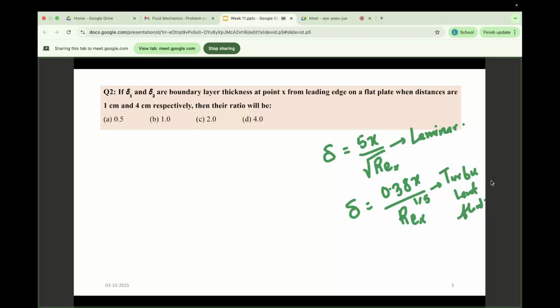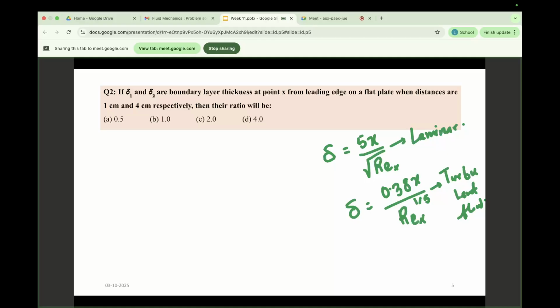Remember one thing: in any question, whether it is given that it's laminar flow or turbulent flow, or no information is given, just tell me one thing. Here it is talking about the general case from the leading edge of a flat plate.